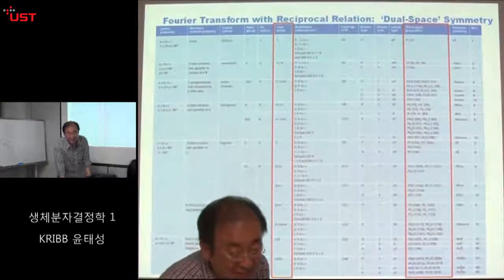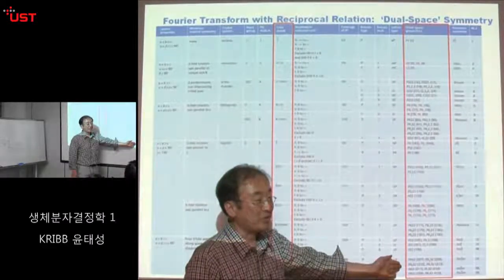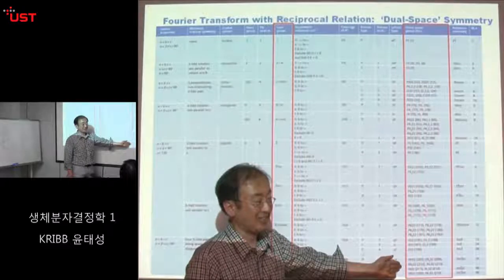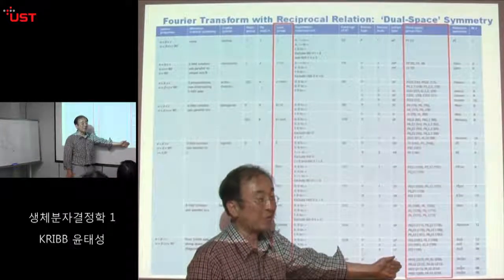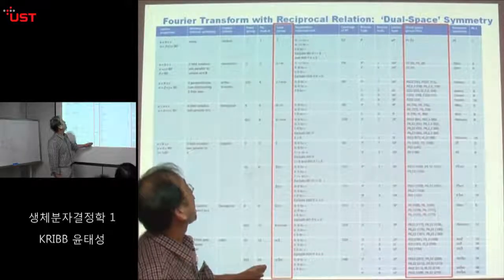What was your answer? 65. Here you will find a total of 65 cases in terms of unique symbols. Here you will have 11 Laue groups.